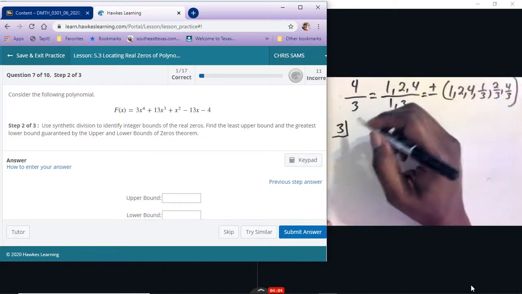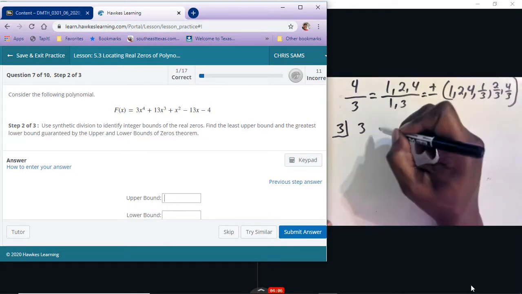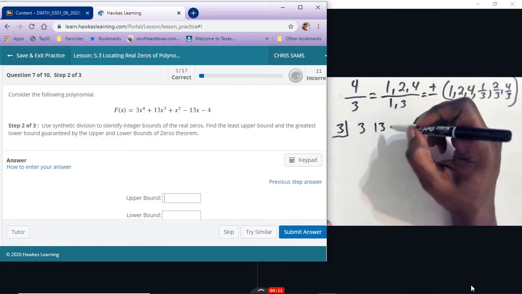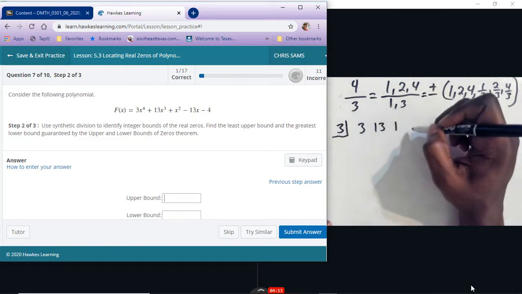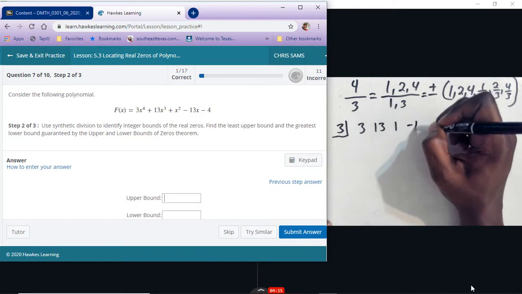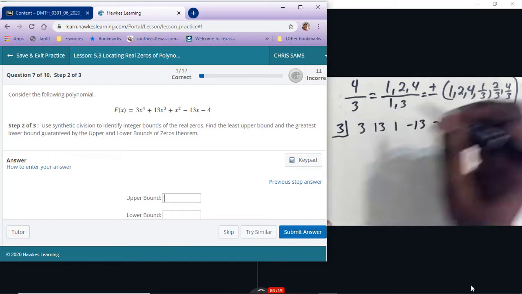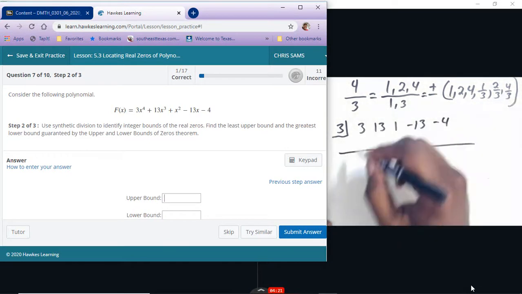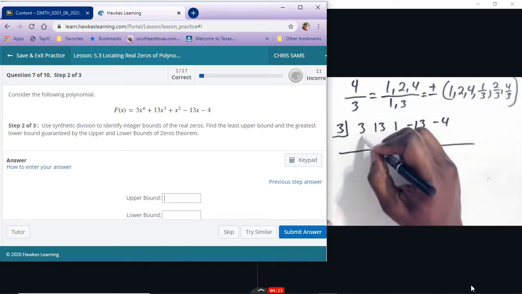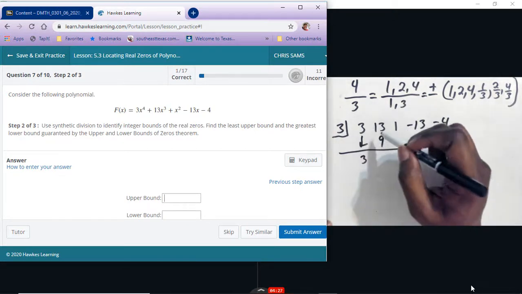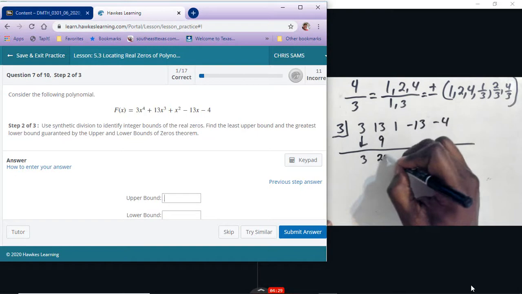Alright, so leading coefficient is 3, and then 13, and then 1, and then negative 13, and then negative 4. We want all positive on this last row. 3 times 3 is 9. Add, we get 22.